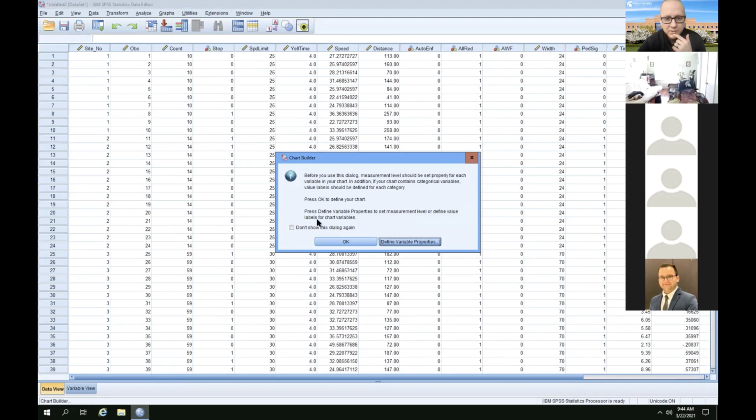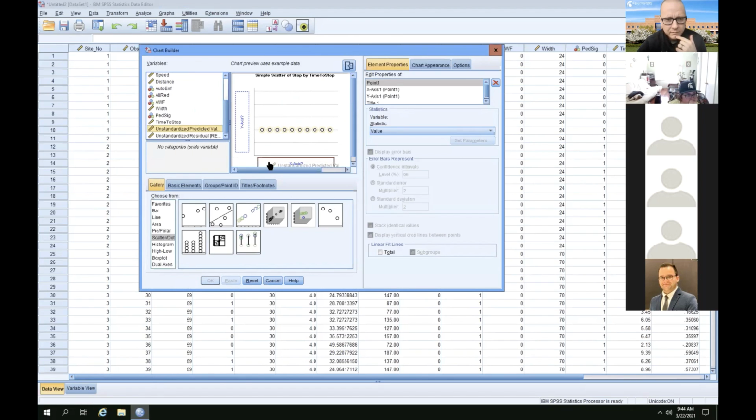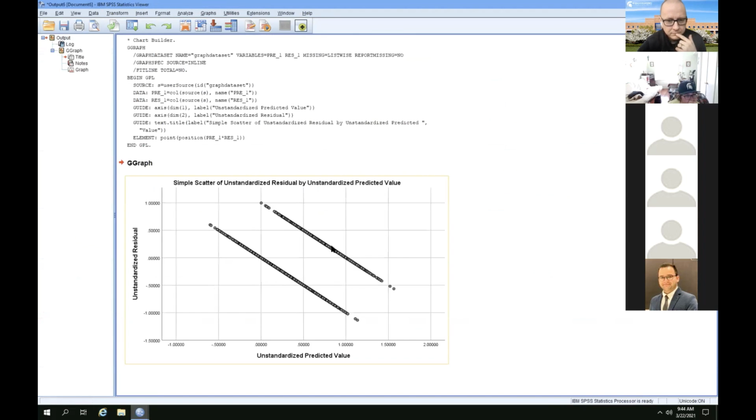Now, the big issue that people ran into is when we started to look at these plots of the residuals. If we look at our residuals versus our predicted values, okay, it looks like we might have a tiny bit of a problem here, right?